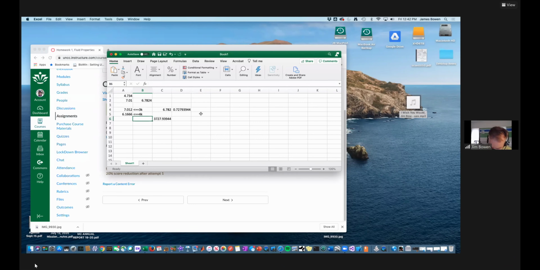You could plot them and then do some sort of interpolation in Excel, but I think we've gone very far away from what we're trying to learn here. We've done it with a reasonable method. If we get the wrong answer, let's review to see that we did it right.